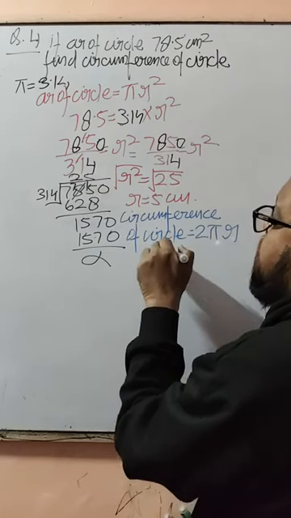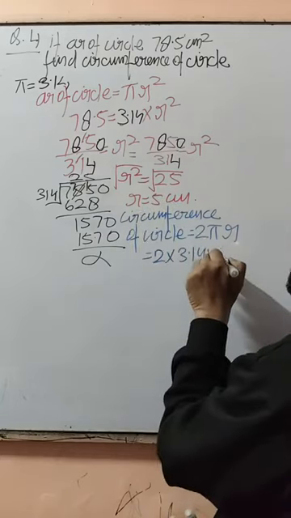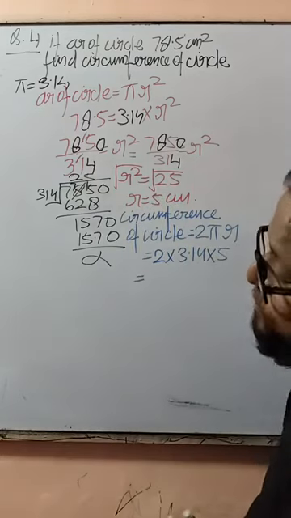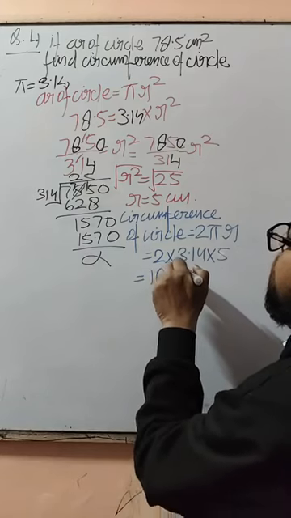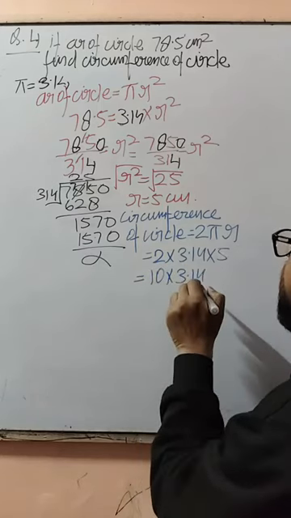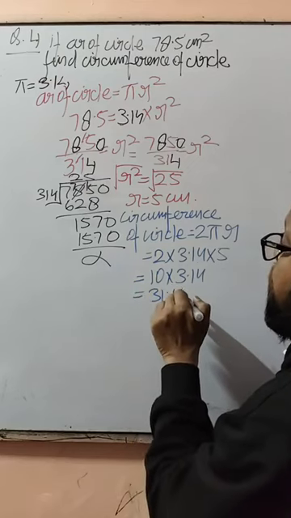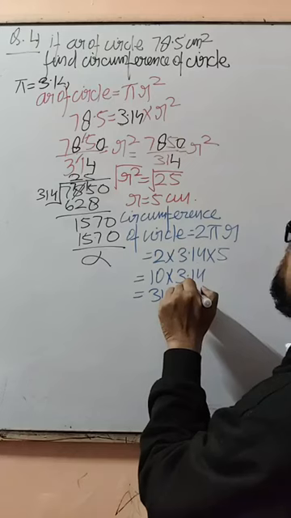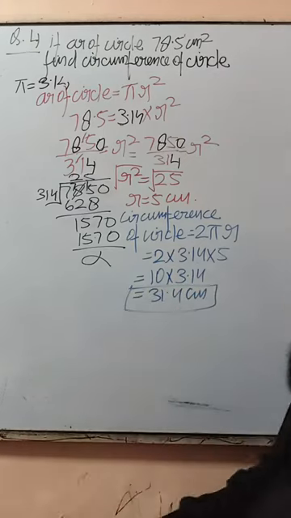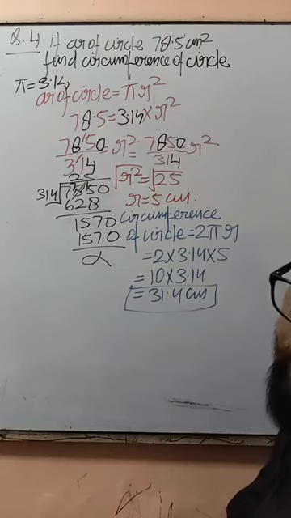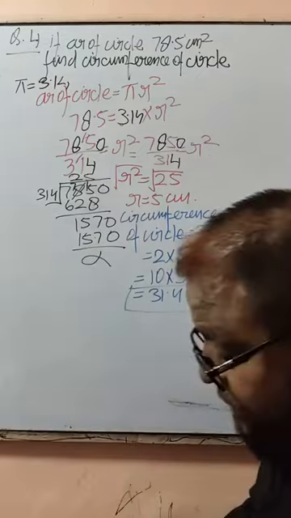So 2 into 3.14 into 5. 2 times 5 becomes 10. 10 into 3.14 becomes 31.4 centimeter. This is the circumference of the circle. Is it asking circumference or perimeter? Circumference. In a circle, perimeter and circumference are the same.